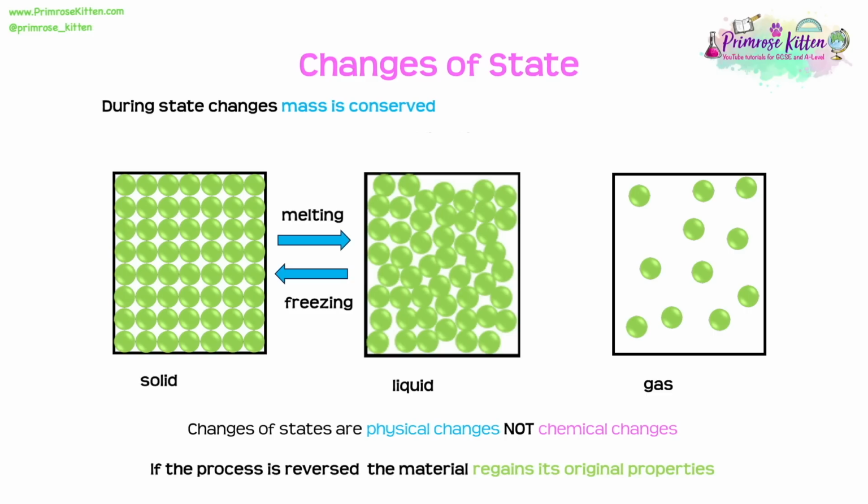So as we go back and forth there and we reverse those processes of melting and freezing, the material will regain its original properties. Likewise, when we go from a liquid to a gas, that's the process of boiling, whereas going from a gas to a liquid is condensing.